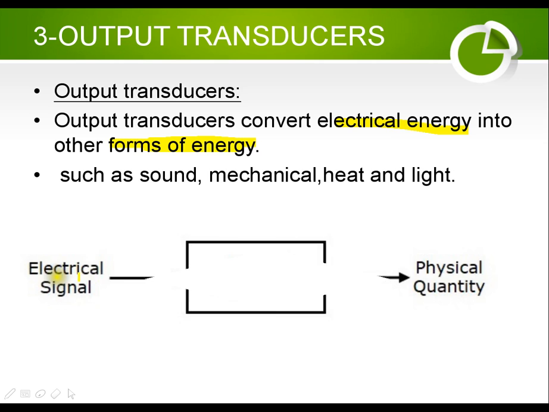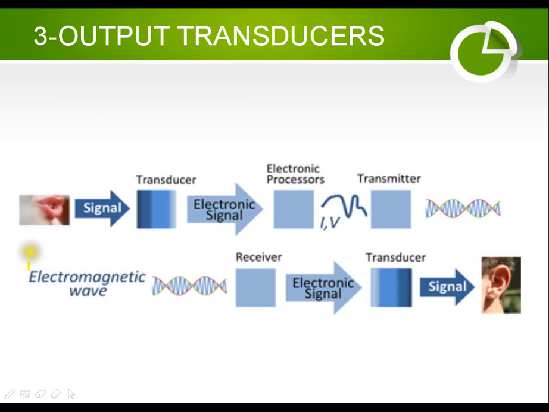This is a diagram which shows electrical signals going through an output transducer into a physical quantity. This is the example I was telling you about last time. This is my mouth, and these are the voice signals, and there is a transducer, in my case a microphone. Electrical signals go to electrical processors, my computer, in the form of current and voltage.